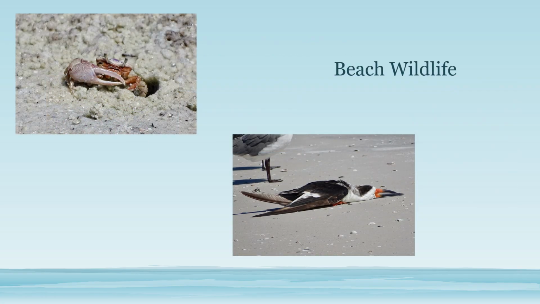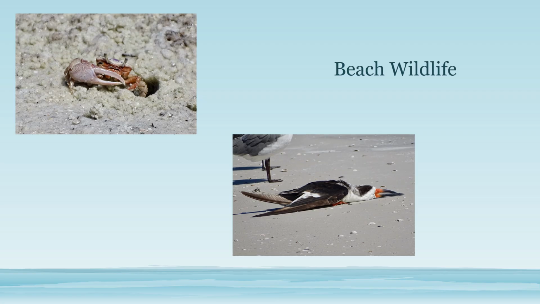Just a little bit of wildlife. On the left, you have the fiddler crab, and they are found all along both the back of the beach and in those intercoastal muddy areas, sediment behind the mangroves.